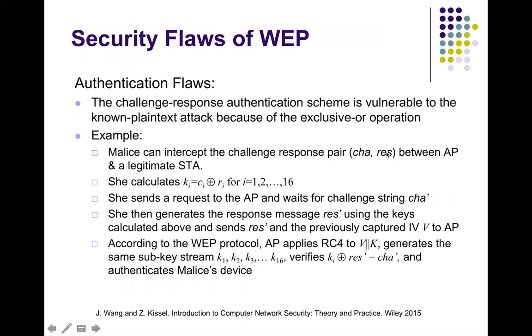So the initial vector comes from here, and then it generates the same sequence of subkeys. Then obviously you can verify this to be true, and hence Malice STA now authenticates herself to the AP as if it is legitimate. So it fails really miserably.